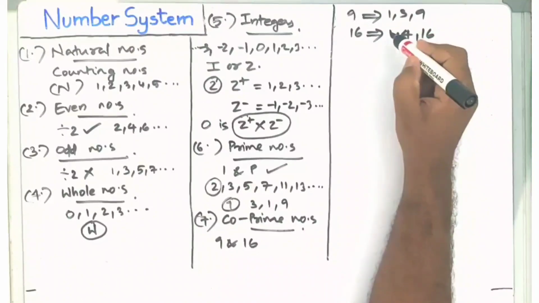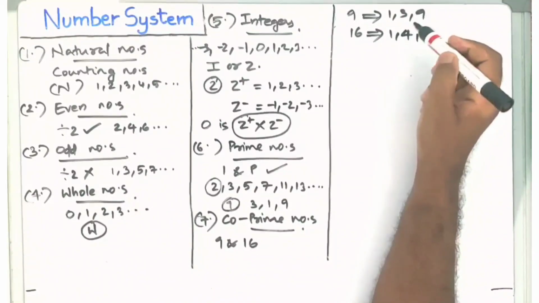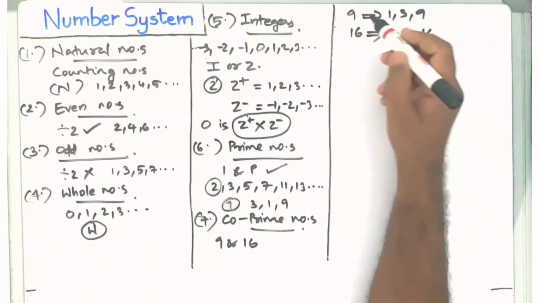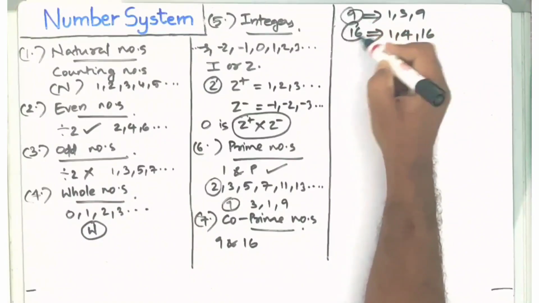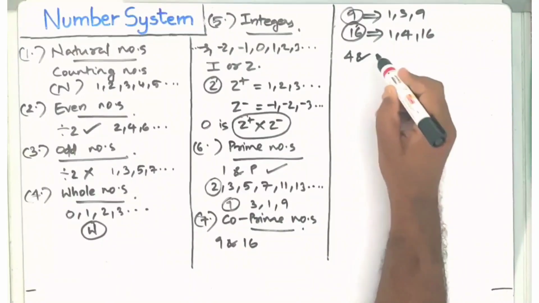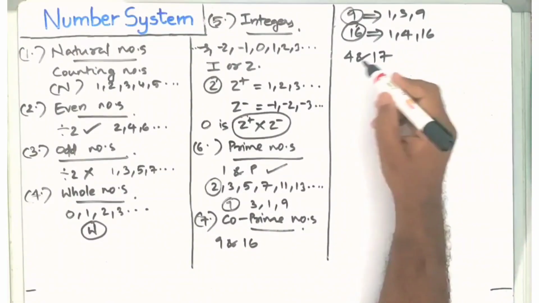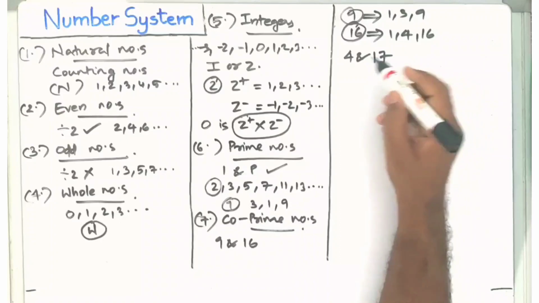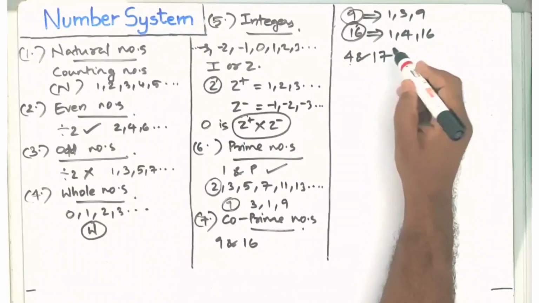So the common factor is 1, but other than 1 there are no common factors. So 9 and 16 are co-primes. In a similar way, 4 and 17 have no common factors except 1. So 4 and 17 become co-primes.